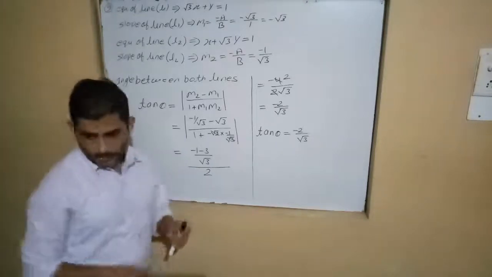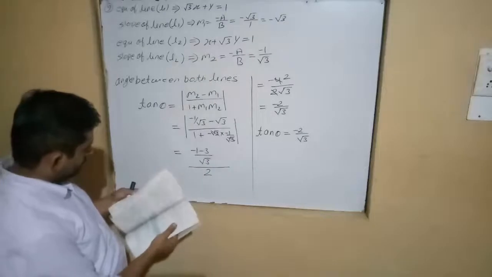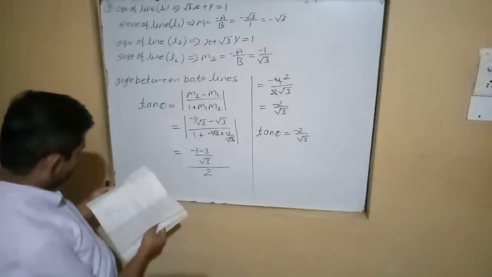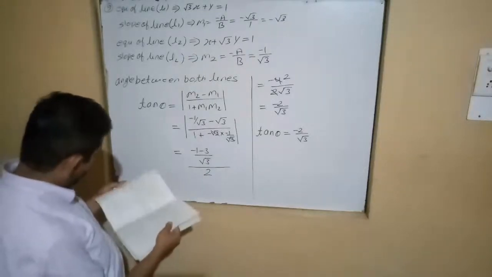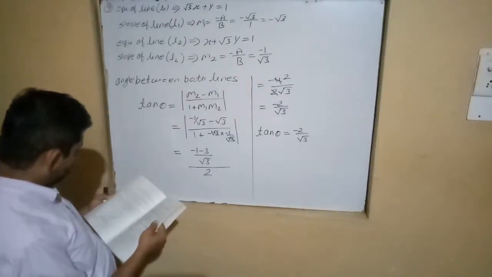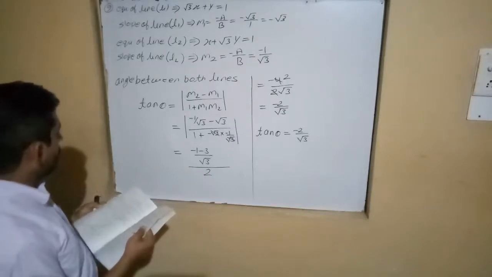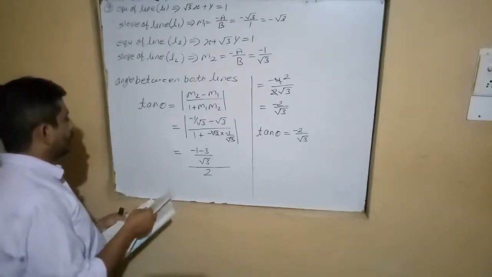Once again we check the formula. What is the formula? The angle between two lines, m2 minus m1 upon 1 plus m1 m2. This is correct.